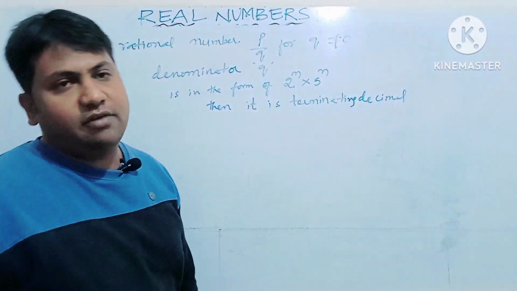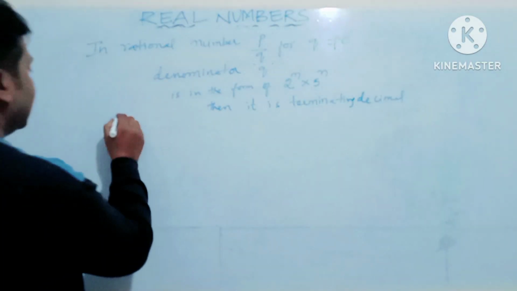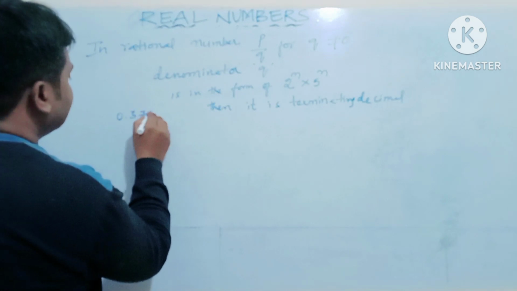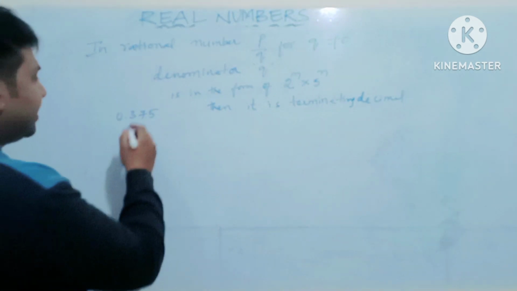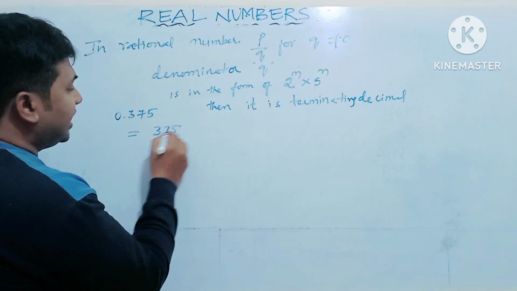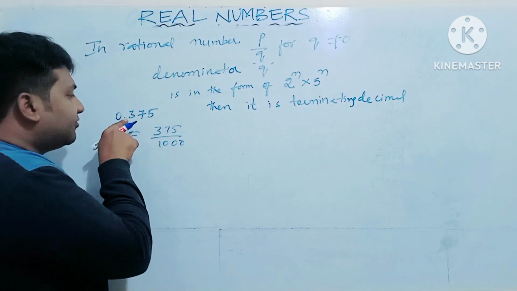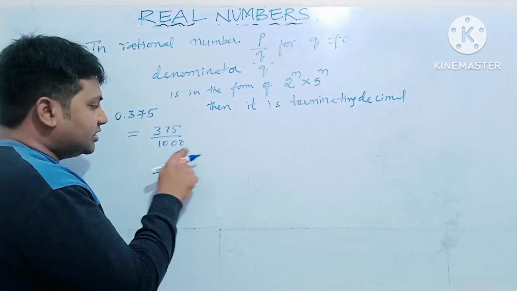So let me take one decimal and make you understand. It is 0.375. I can write this 0.375 as 375 by 1000. How do we get 1000 here? Because after the decimal point, 3 digits are there, so I have taken 3 zeros.